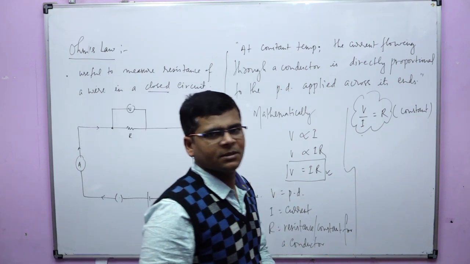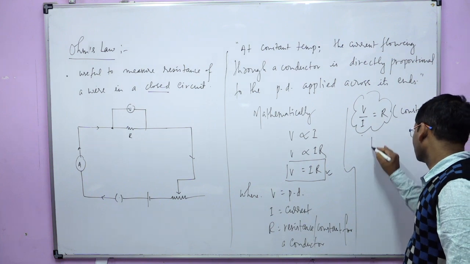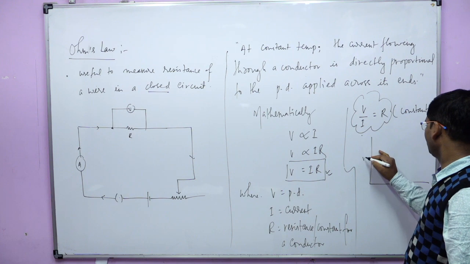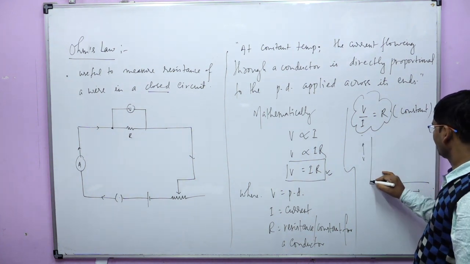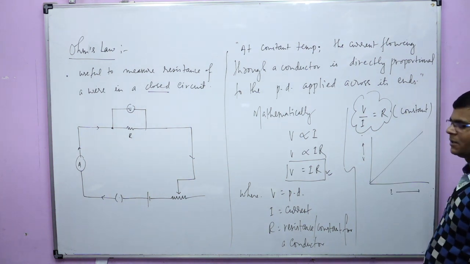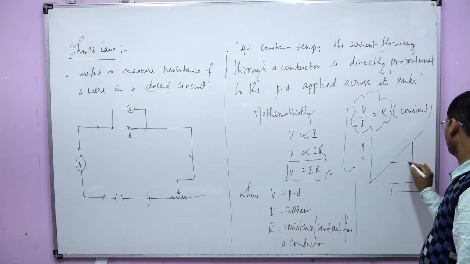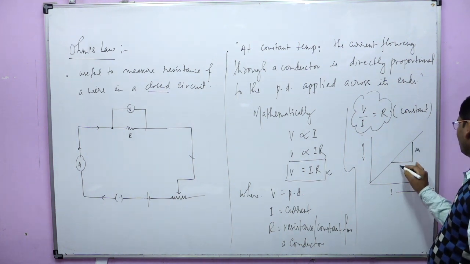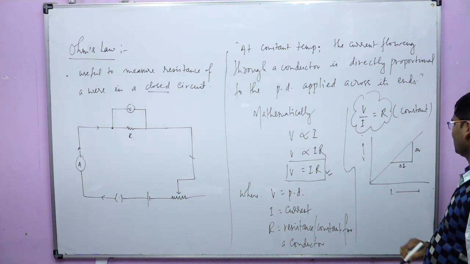Graphically, if you wish to represent Ohm's law, how will you verify? Suppose V you will take on the y-axis and I on the x-axis, then you will draw a graph. If the graph is straight, it means it is obeying Ohm's law, and if you want to get resistance, then change in V by change in I, you will get the resistance.